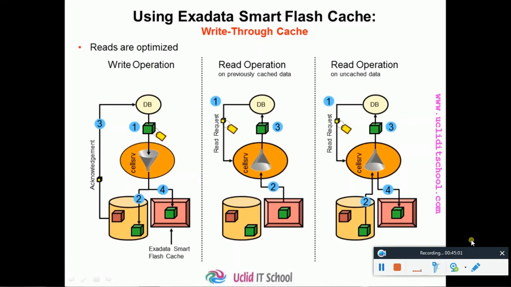It will automatically start and stop all these three services whenever you reboot the node. There is some order followed. First RS will be started, then cellsrv will be started, then MS will be started. That is the order.